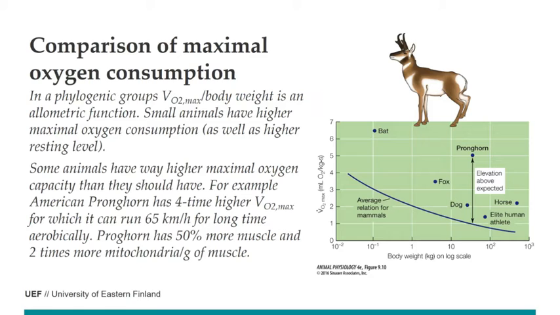How it does it: it has 50% more muscle than other animals, and 2 times more mitochondria per gram of muscle. And pretty much the same is happening in the bat. Bats also have a lot of mitochondria, to have more capacity to produce ATP with oxidative catabolism.